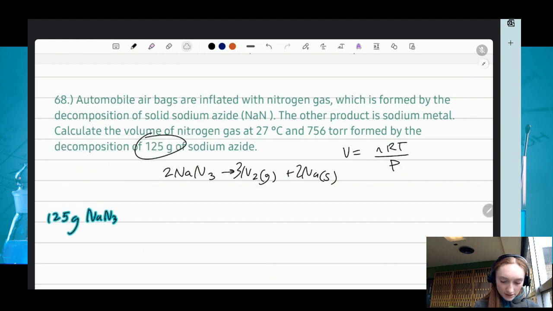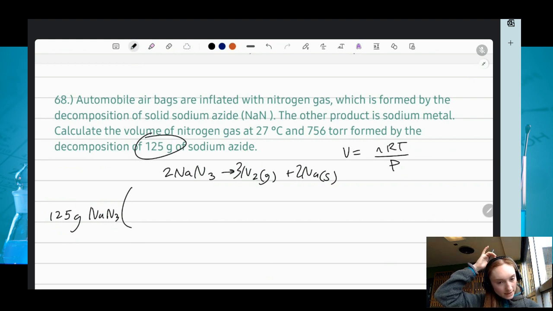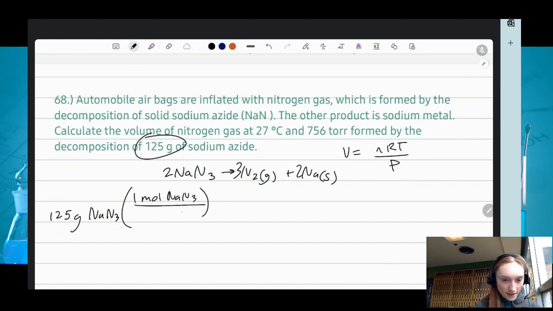So anyway, let's go back to the mass. So we're going to need to use the molar mass of the NaN3 to convert it into the moles produced. And so that is 65.01 grams. And then from sodium azide, we can convert it to the number of moles of nitrogen gas, because that's what we're solving for here.